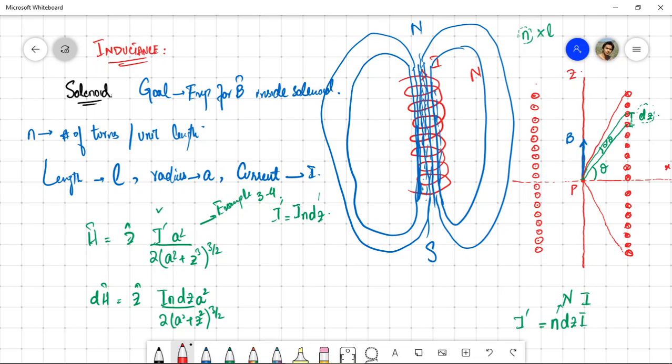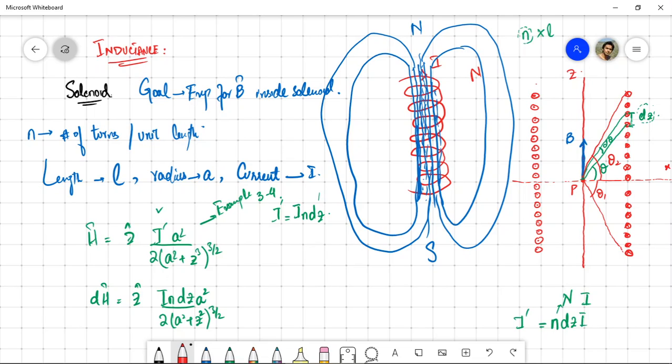If we say that this is theta 1 and this is theta 2, the other extreme point, then to take into account the magnetic field intensity at this point due to all these turns, we'll have to integrate this equation from theta 1 towards theta 2, so that we take the sum of the contribution of all the turns that are inside this solenoid.